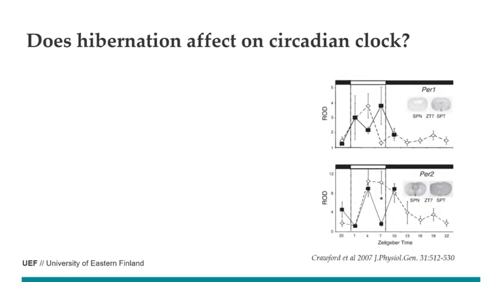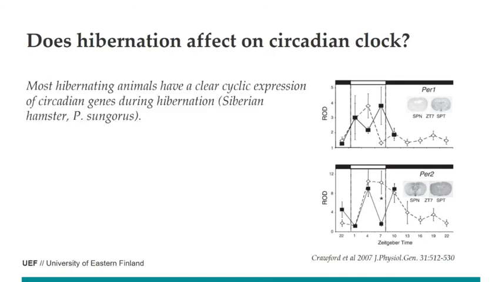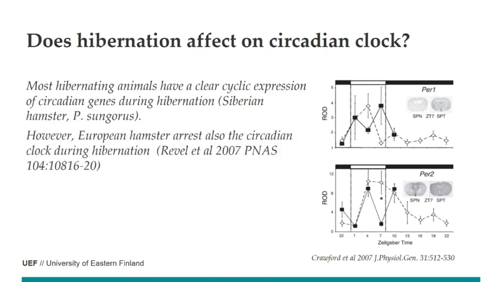And it's also affecting this circadian clock. So in most of these hibernating animals, they have a clear cyclic expression of these circadian genes, like PER1 and PER2. They are highly expressed when there is sunlight. But actually it's a little bit more confusing.